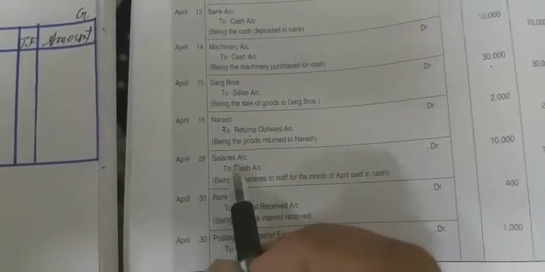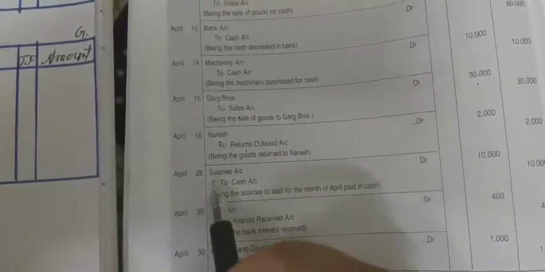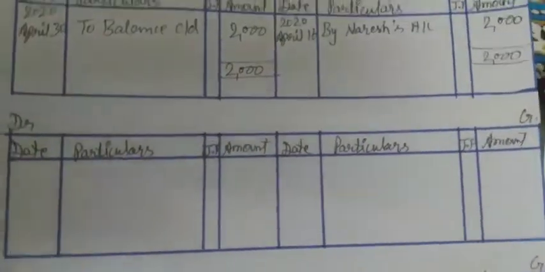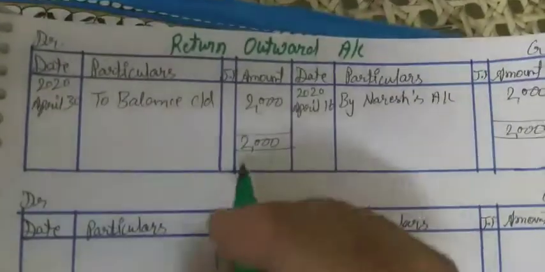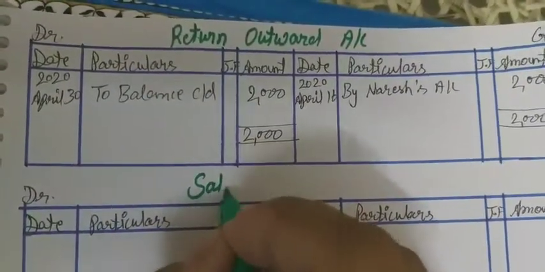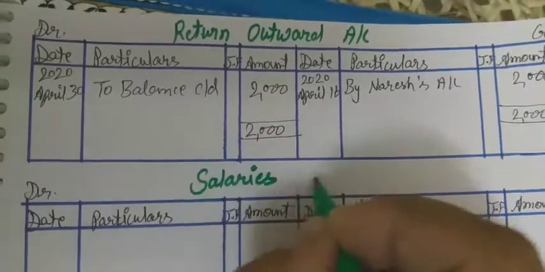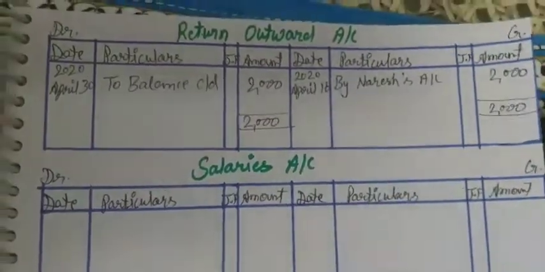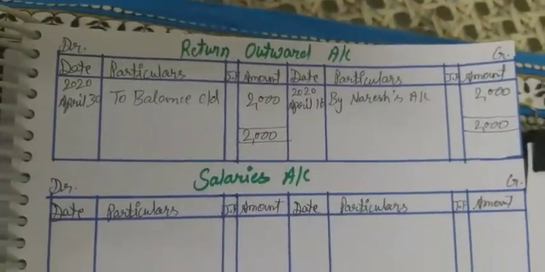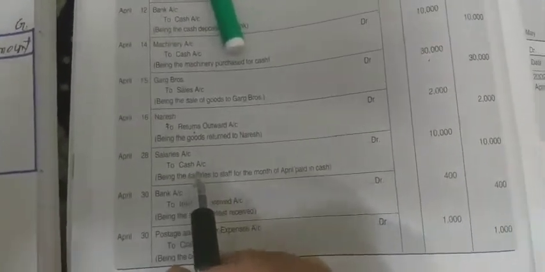After that, we are required to prepare the salary account. Up to the salary account we have still not prepared, on April 28. So student, the format is already prepared. Now we can see the salaries account. The salary account with the cash account, the amount is 10,000 on April 28.